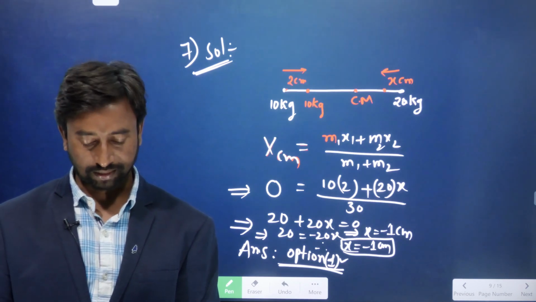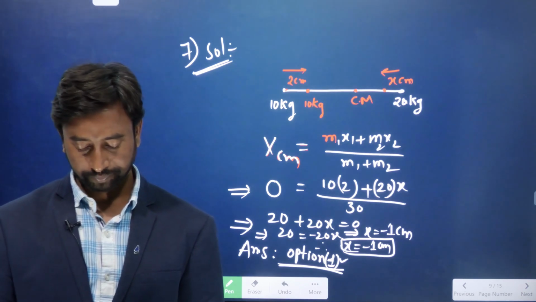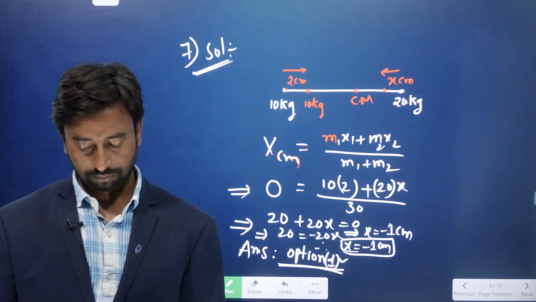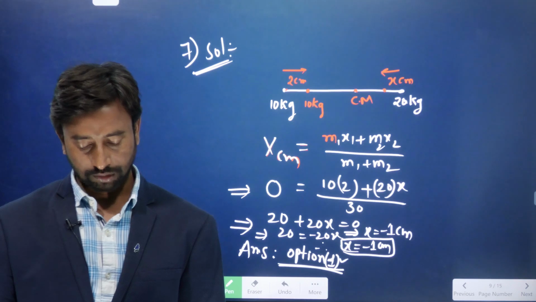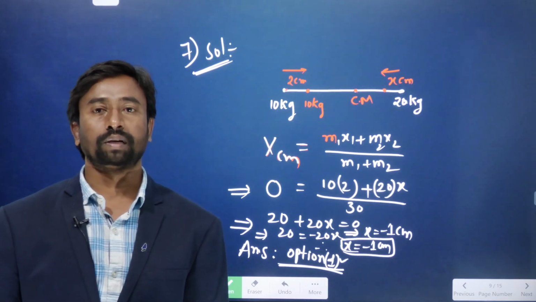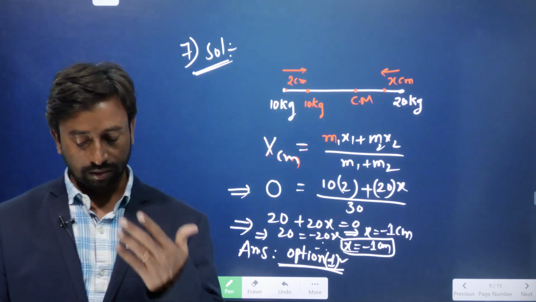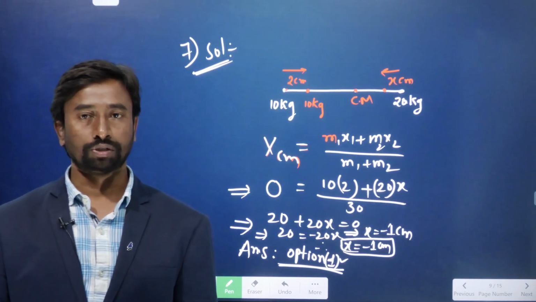So the 1 kg mass is placed at the origin, the 2 kg mass is on the x-axis, and the 3 kg mass is in the xy plane.